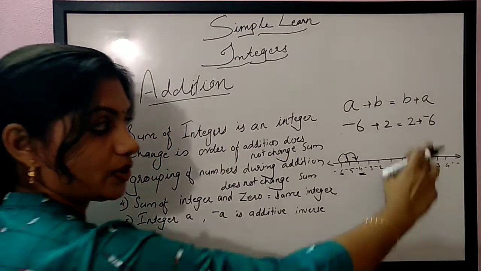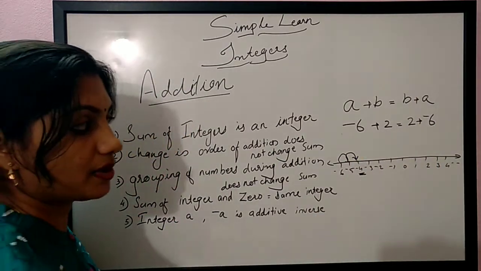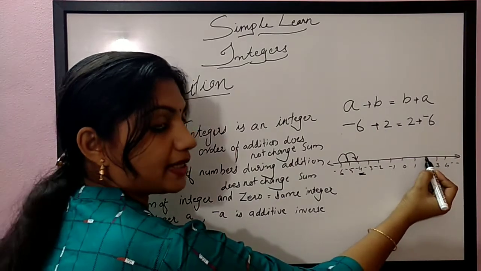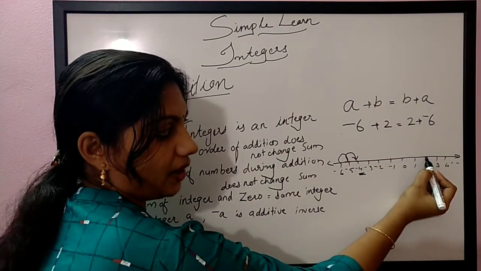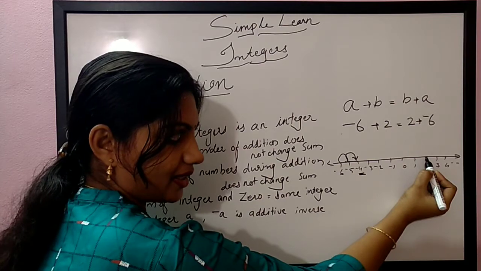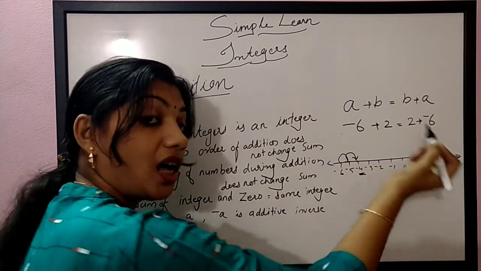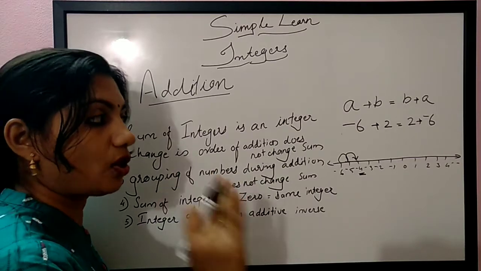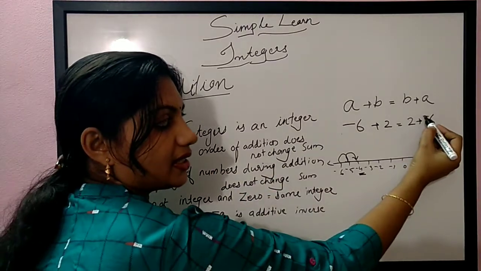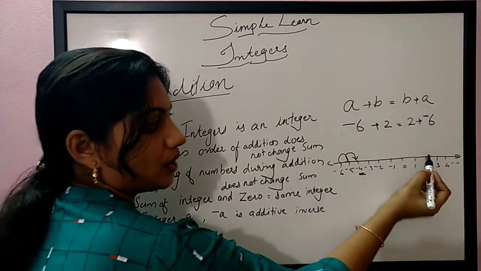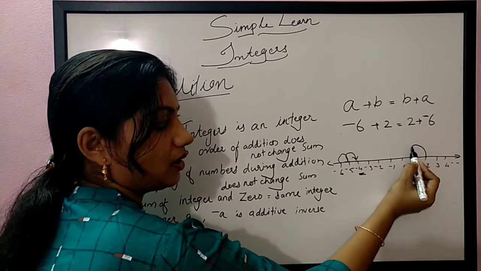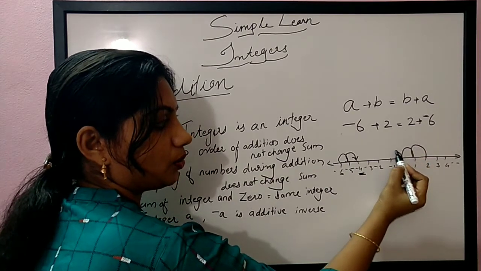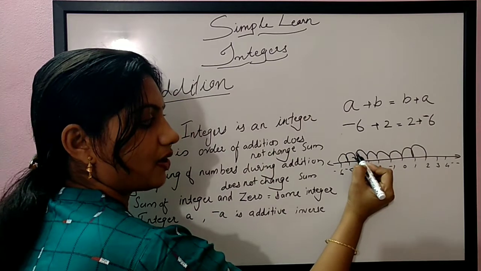Now how does 2 plus -6 come? I am at 2, right? I have to add 6, but I have to come to the left side. I should not go to the right side. I should always come to the left side as it is negative. Okay. So from 2 I am coming 6 times. 1, 2, 3, 4, 5, 6.